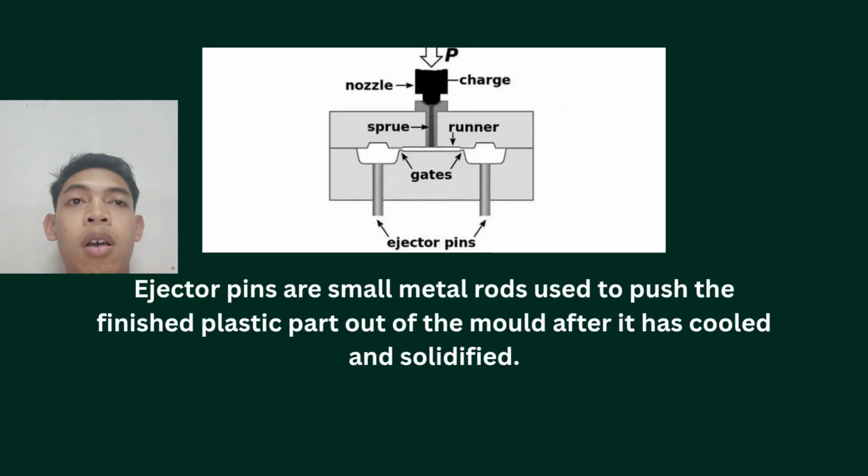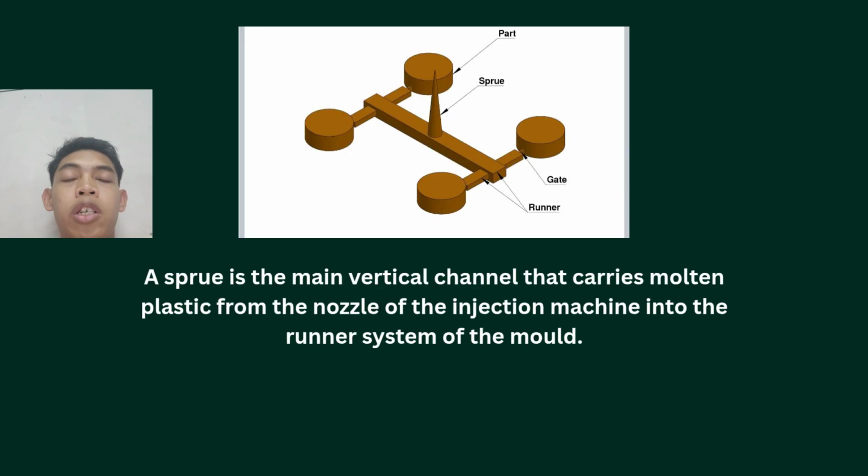Ejector pin, a small metal rod used to push the finished plastic part out of the mold after it has cooled and solidified. Next is sprue. A sprue is the main vertical channel that carries molten plastic from the nozzle of the injection machine into the runner system of the mold.